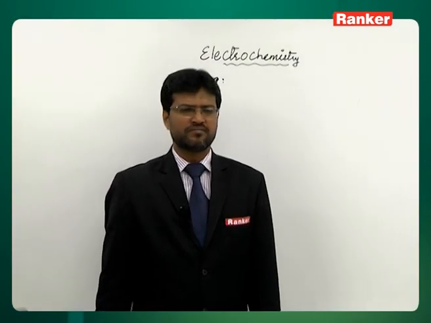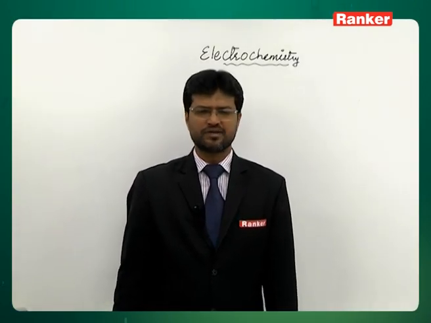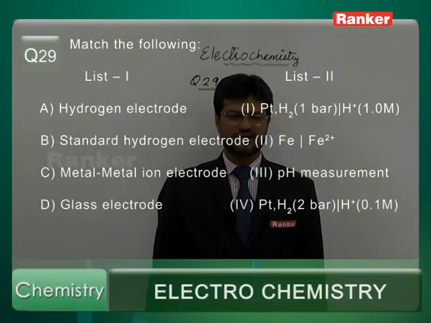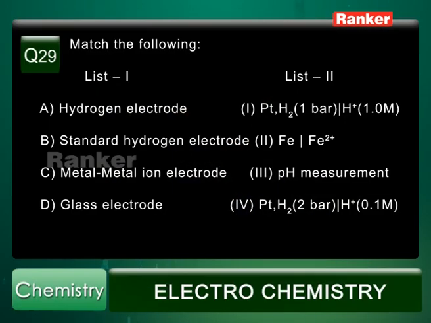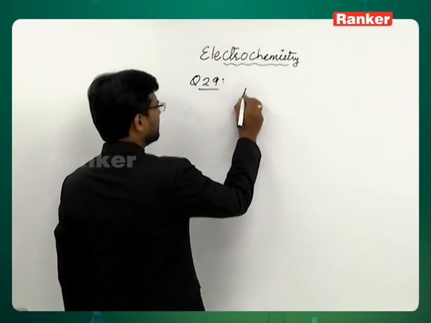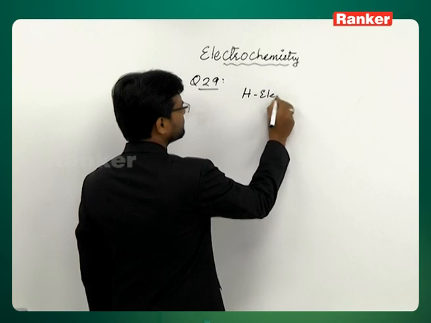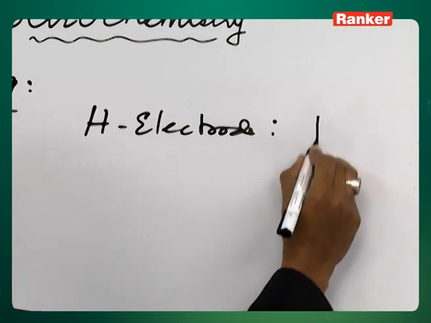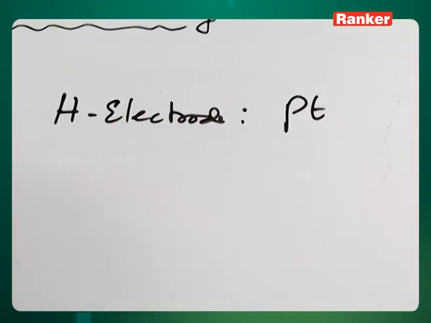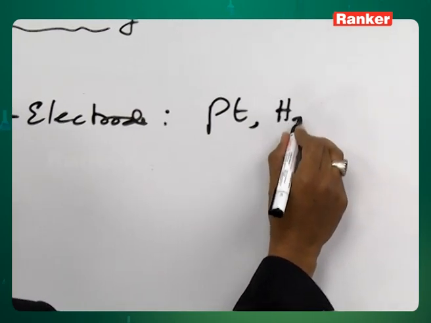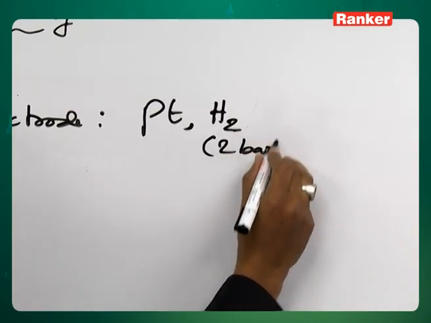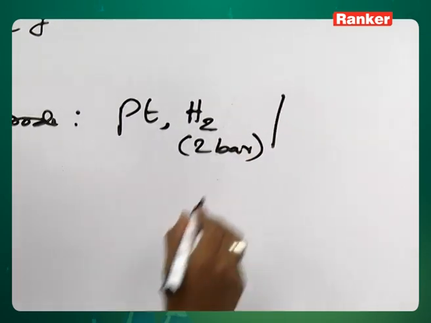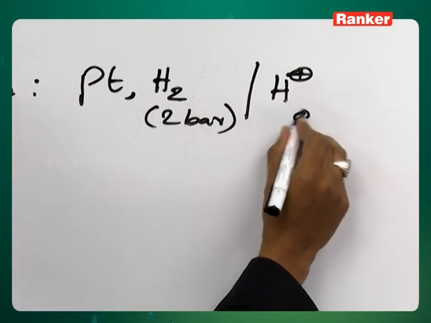Look at the options, the correct option is fourth option, where A is matched with 4, that is hydrogen electrode is Pt, H2 2 bar pressure and then H plus at 0.1 M concentration. Here Pt offers electrical contact, Pt H2, and in the brackets we are writing the pressure oblique H plus 0.1 M.